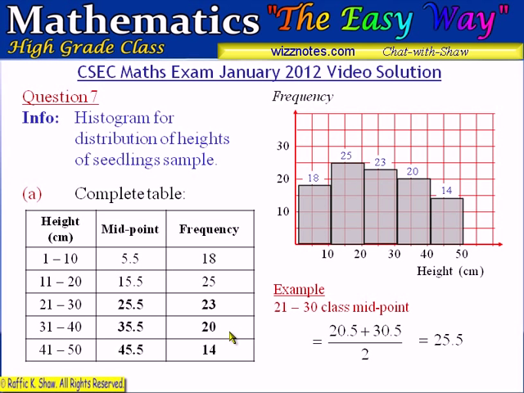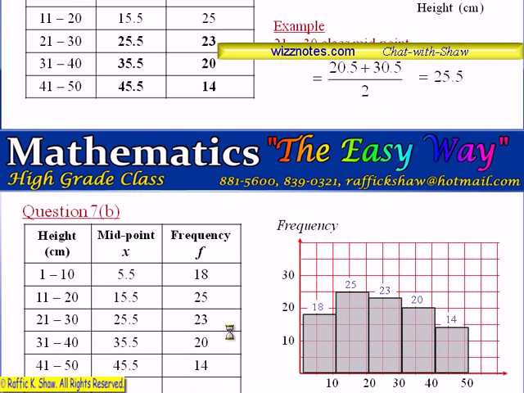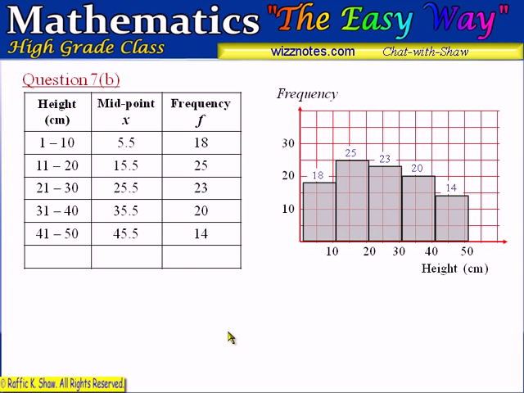Now let's move down to 7b. Now in 7b, the first question is asking us for the modal class interval. The modal class interval. Now what is the modal class interval? The modal class is the class which has the highest frequency, and it corresponds to the tallest or highest bar on the histogram.